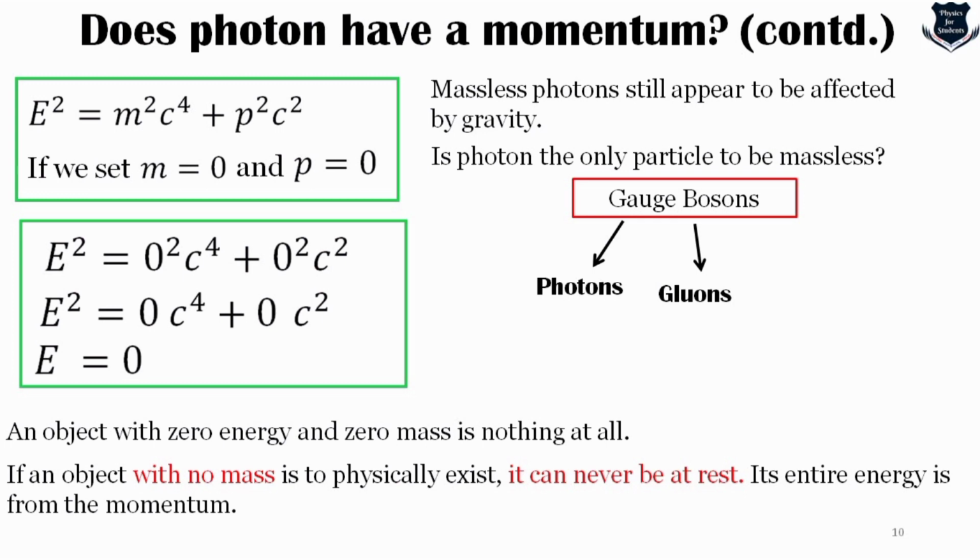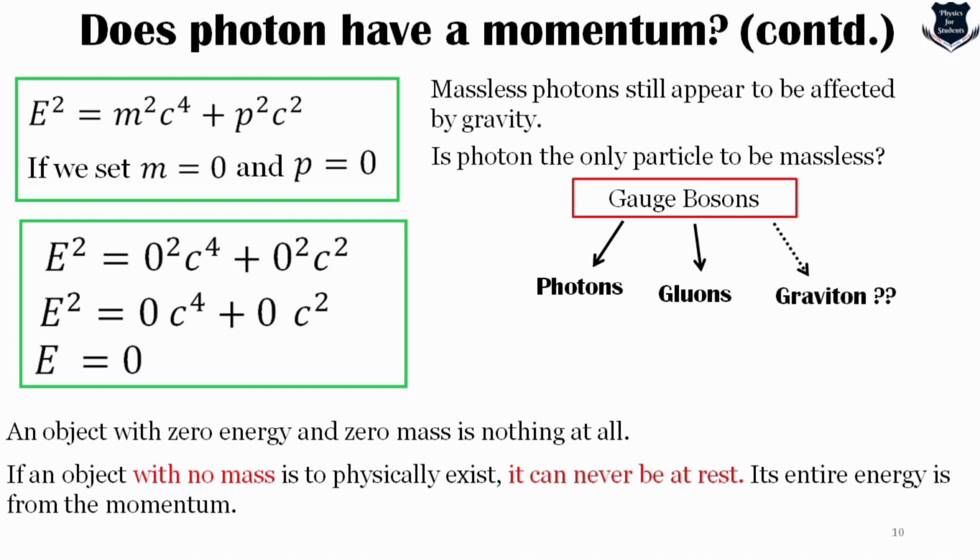It acts as the exchange particle, or gauge boson, for the strong force between quarks. It is something similar to the exchange of photons in the electromagnetic force between two charged particles. Gluons bind quarks together, forming hadrons such as protons and neutrons. So this is one particle which is also massless.